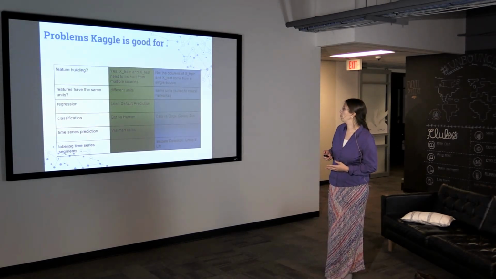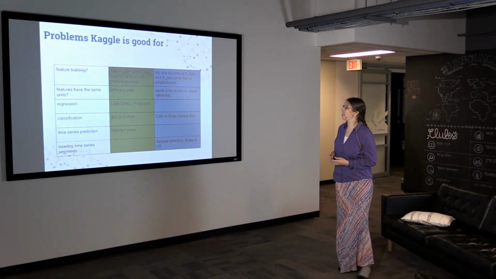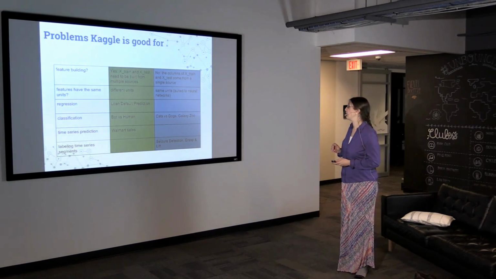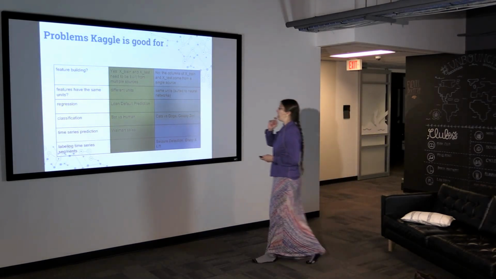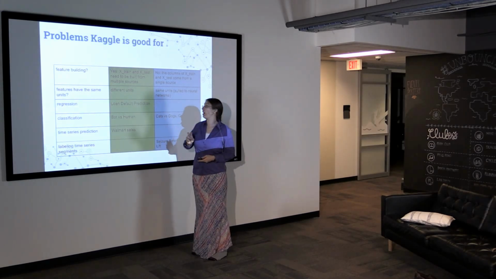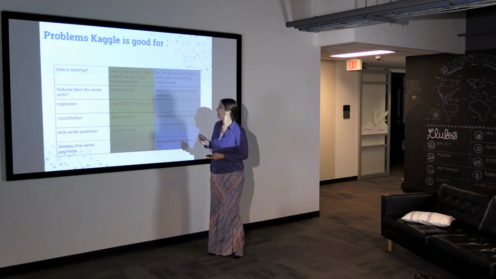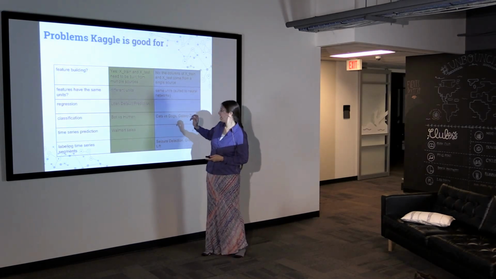And actually, I'm going to group these a little bit differently, because the way Kaggle has evolved is slightly interesting. There's a class of problems which I call feature building problems, where the features don't have the same units.